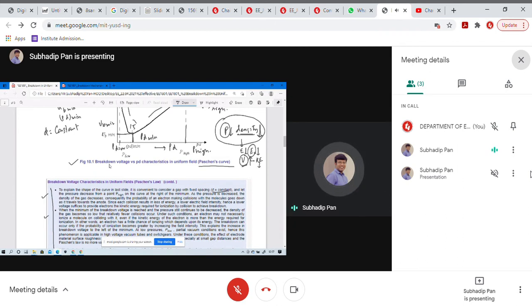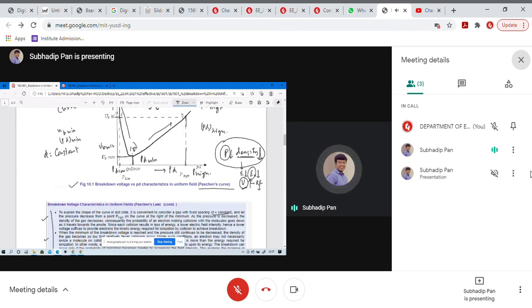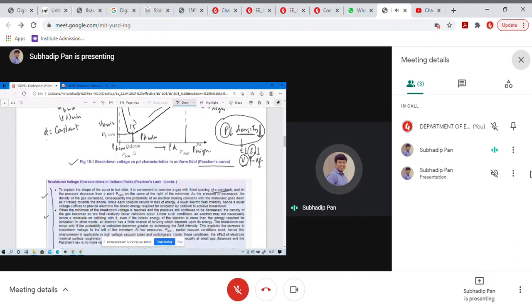So whenever we describe this particular figure, we have to consider that d is constant. The distance between the two electrodes should be considered constant. Now we decrease the pressure. Whenever we decrease the pressure, the density of the gas also decreases, and due to this the probability of the electron colliding with a molecule goes down as it travels to the anode.